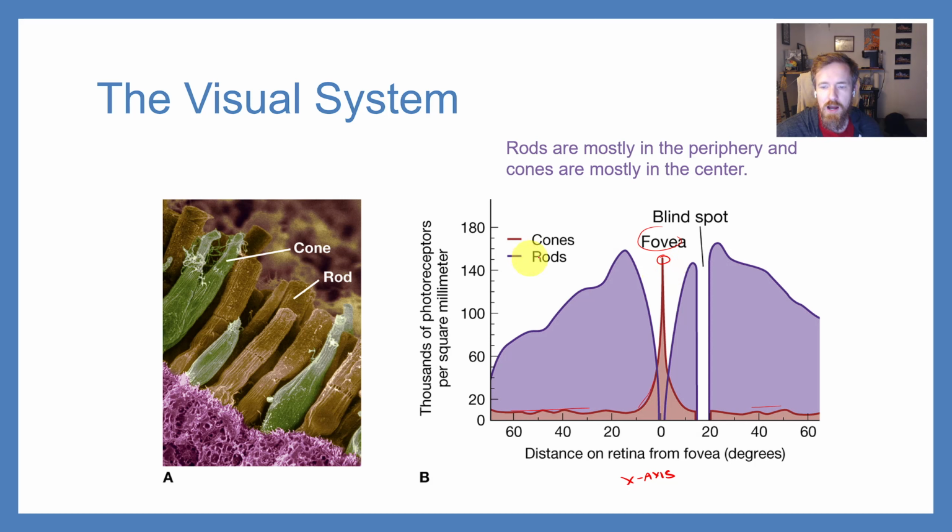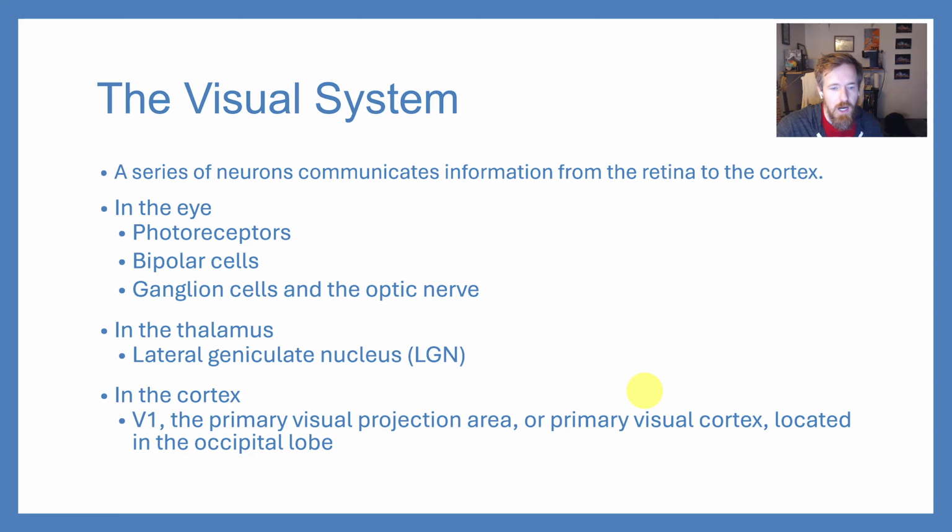If we look at rods, we have almost no rods in the center of our visual field, but as we move a little bit away, we have a lot of rods, and as we move closer to the periphery, we just have fewer photoreceptors in general. And in the blind spot, we don't have any photoreceptors, because that is where our mind is just doing its best guess about what should be in our visual system, and we just don't detect it.